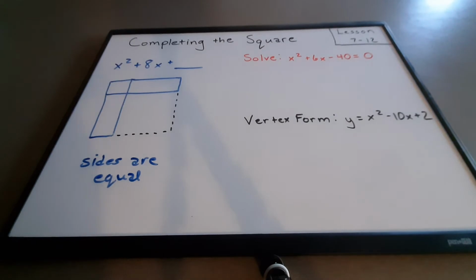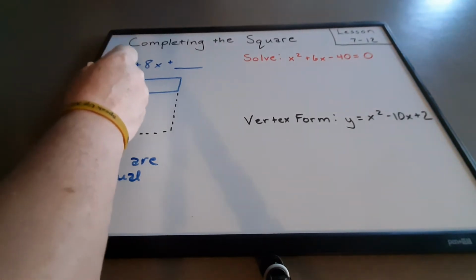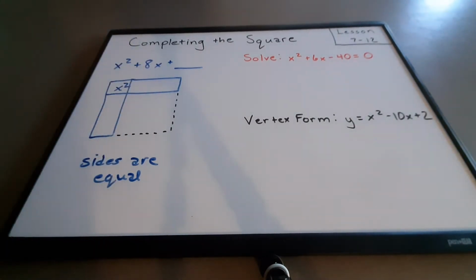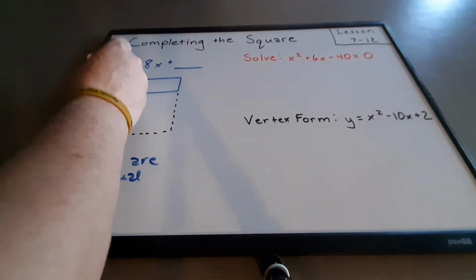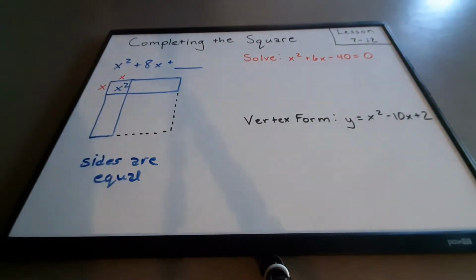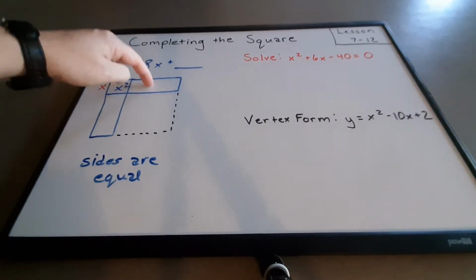So we have x squared, which will be this top box here. How do we get x squared? We get it from x times x. Very simple. Now we need to look at our 8x. Because it's a square, we have to break that 8x equally into these two boxes.